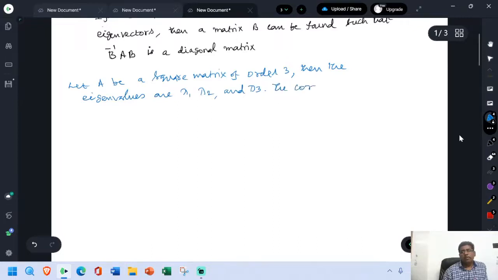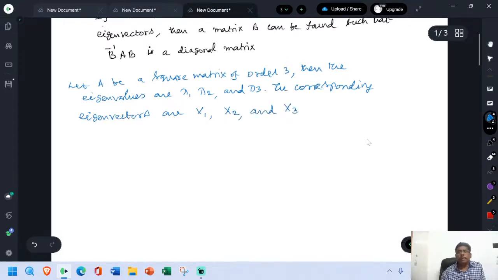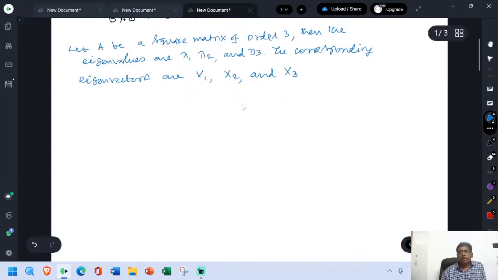The corresponding eigenvectors are capital X1, capital X2 and capital X3. Now, using these 3 eigenvectors, we have to construct a new matrix B.